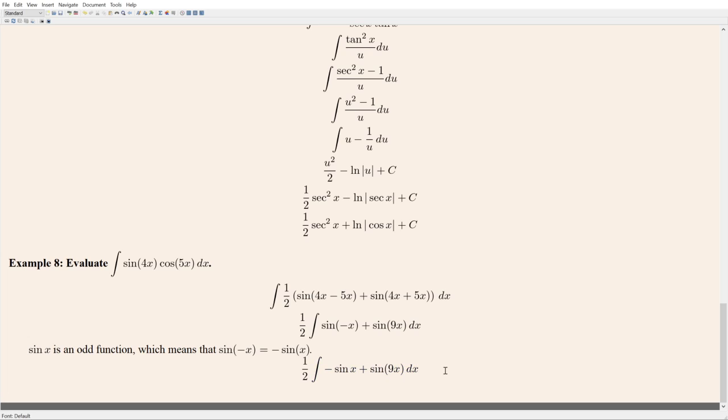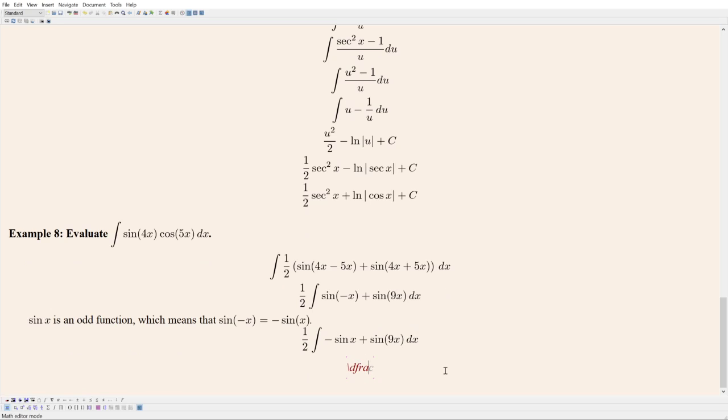Okay, and then let's just anti-differentiate this. Antiderivative of sine is minus cosine. So minus minus cosine becomes plus cosine. Antiderivative of this becomes minus 1/9 cosine 9x.